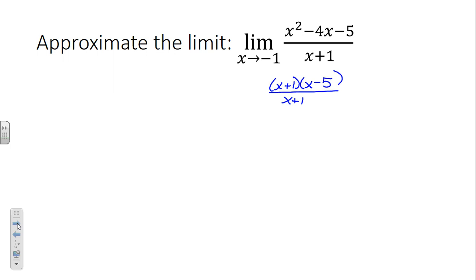It's factors of 5 that subtract to become a -4: a -5 and a +1. Cancel. They've been divorced. -6.